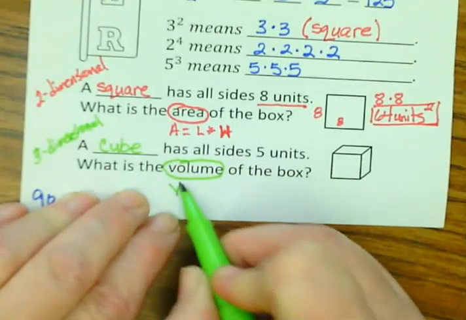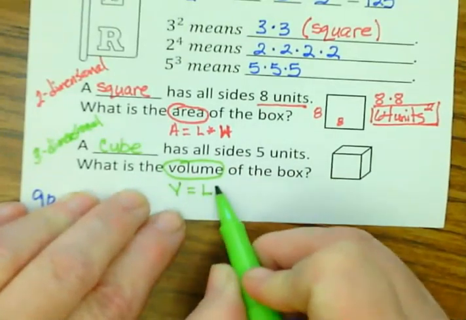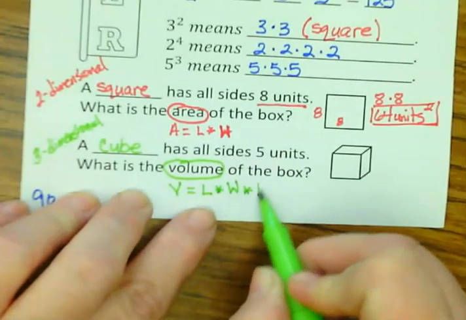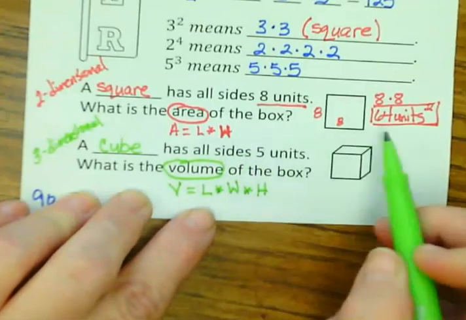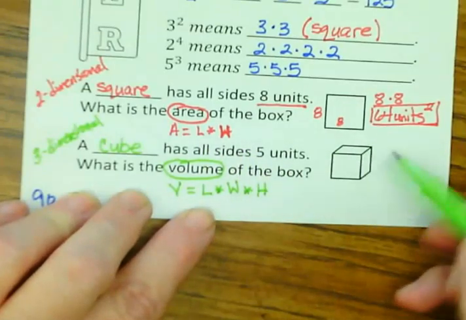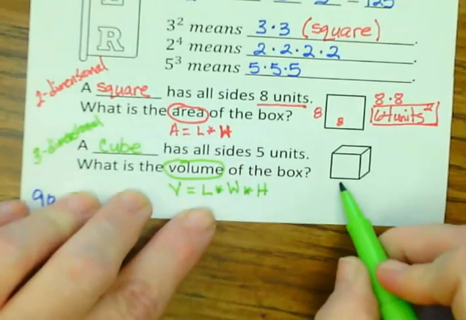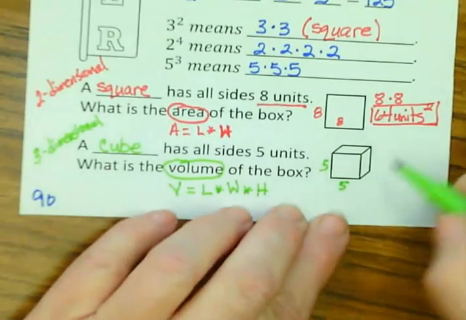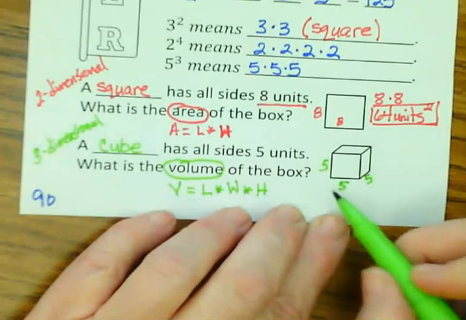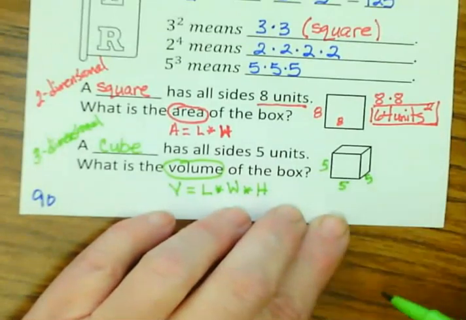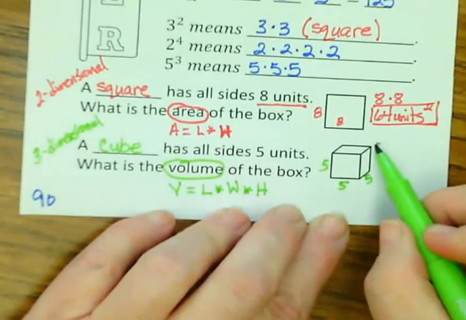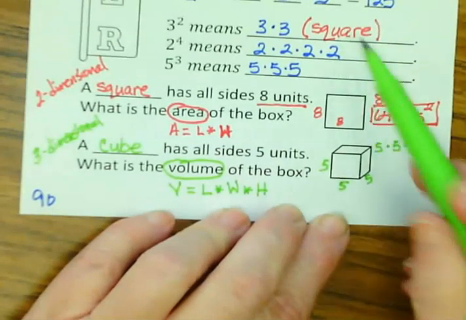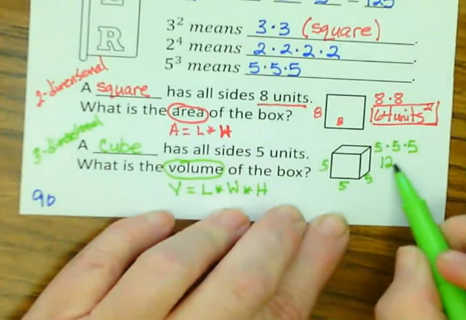We have to remember that volume equals length times width times height. So it's 5 this way, 5 this way, and 5 this way. So we're going to multiply 5 times 5 times 5, and we already did that up there. That's 125.